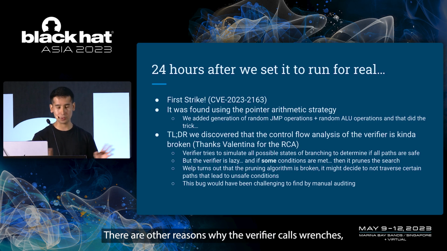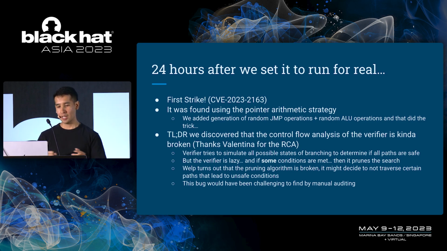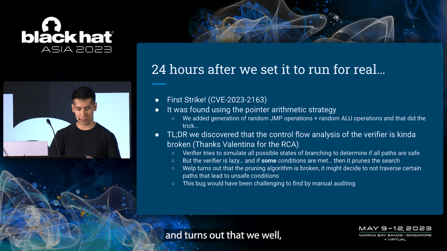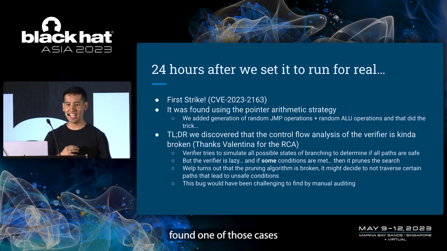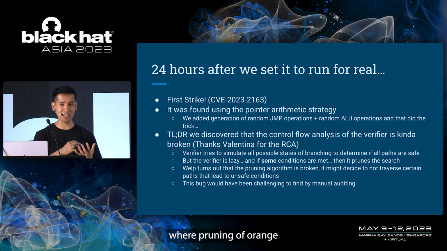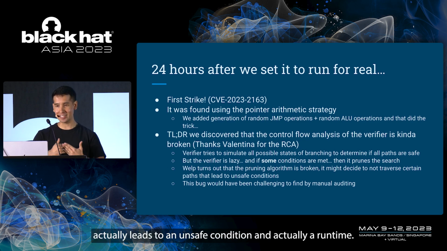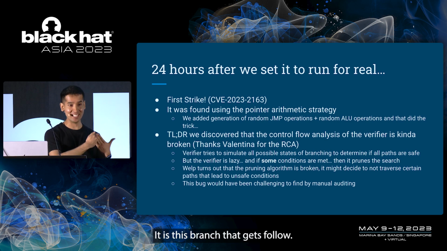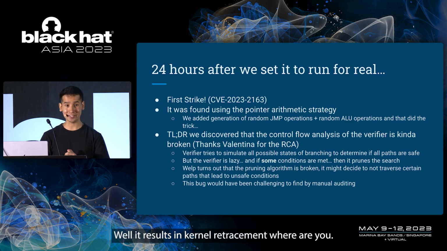There are other reasons why the verifier cuts branches, but this is the one that matters here. And it turns out that the fuzzer found one of those cases where pruning a branch actually leads to an unsafe condition, and at runtime it is this branch that gets followed, and it results in kernel read-write memory.